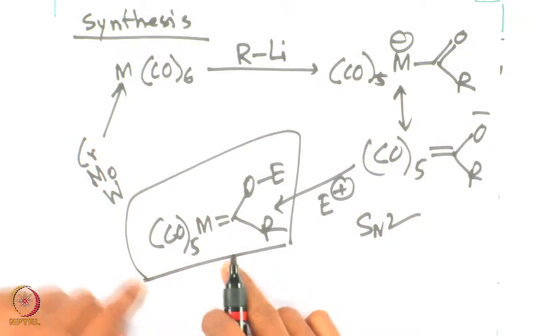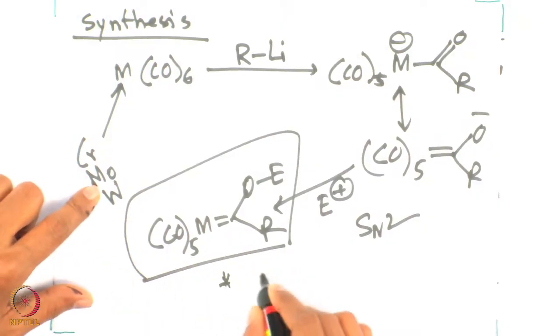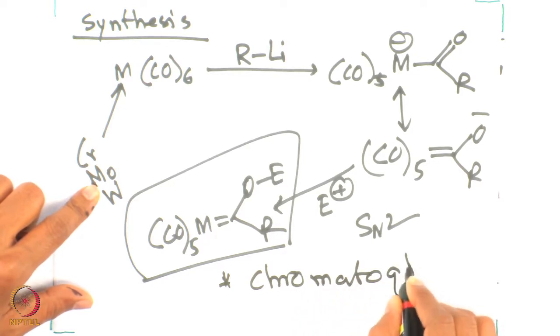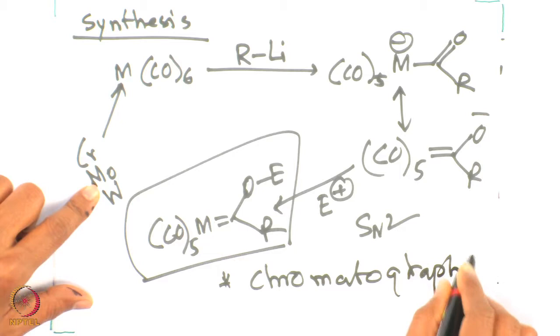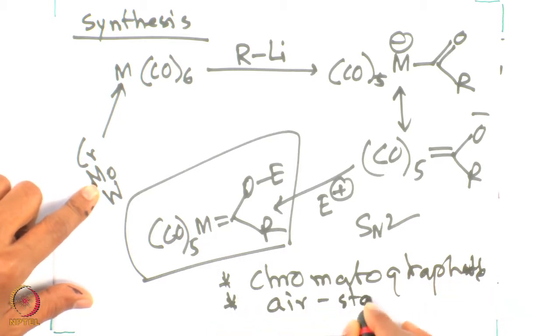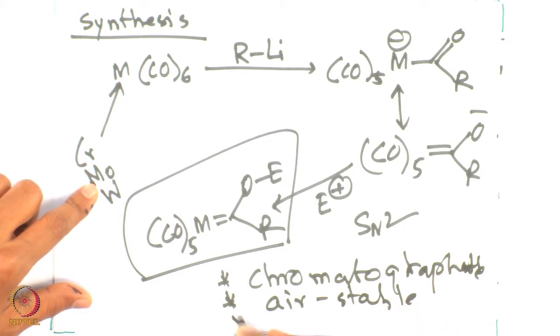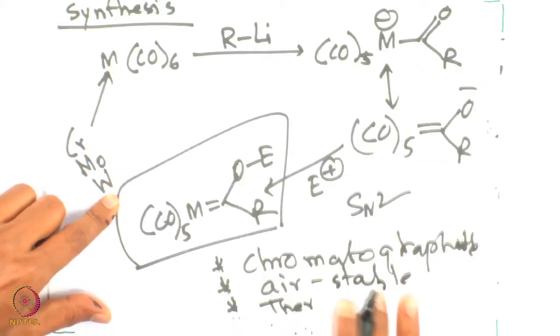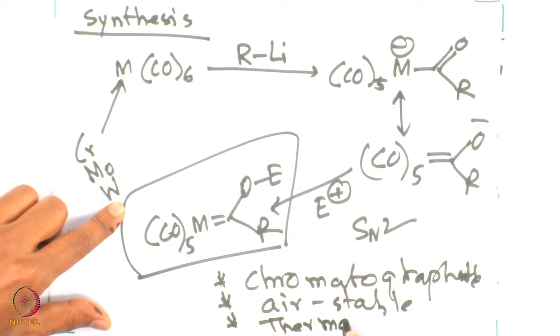So, the characteristic of these organometallic intermediates are that they are chromatographable, air stable, which is of course a very interesting property, and most importantly they are also thermally stable. Therefore, you do not have to worry about the reactivity pattern.